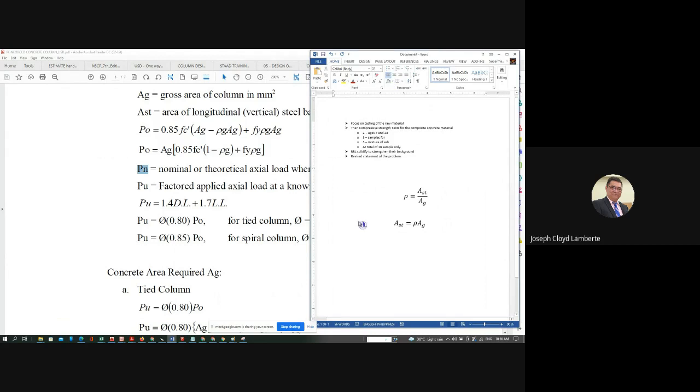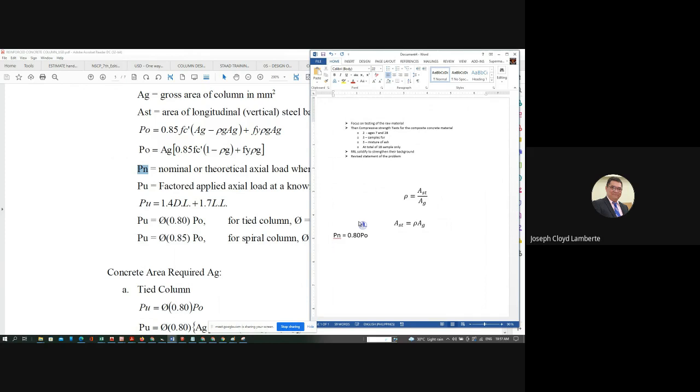So PN, the nominal actual load, is equal to 0.8 of PO.